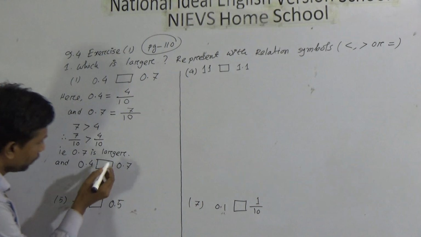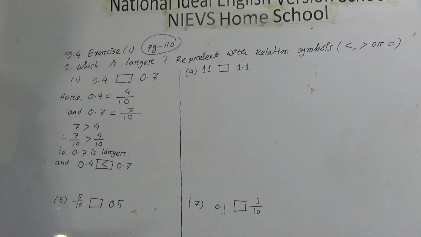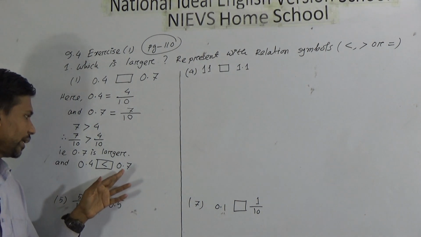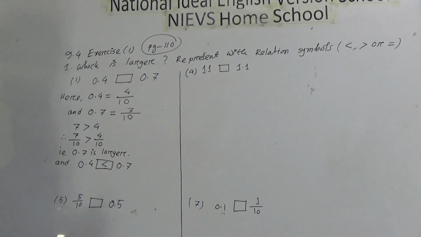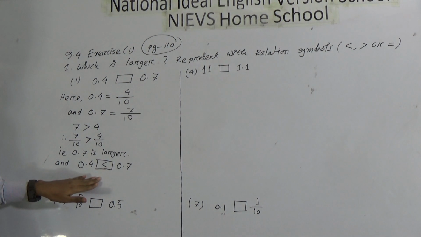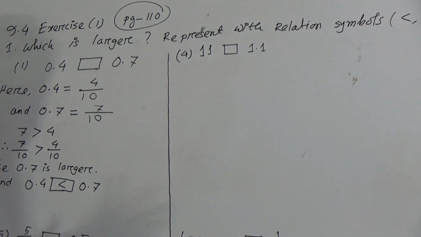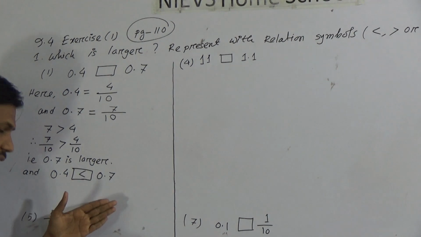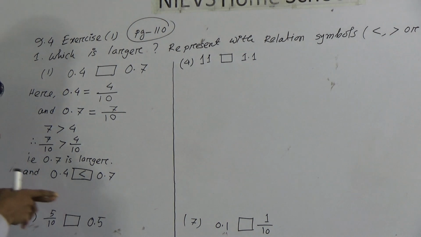So you have to put this sign. That means 0.7 is larger. And I have used here the symbol. This means we represent that 0.7 is larger. Okay student, remember this symbol, like this way.